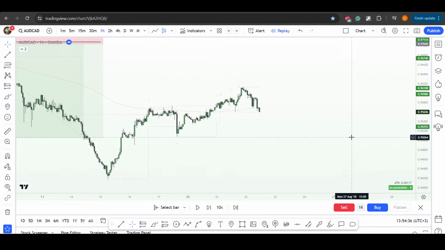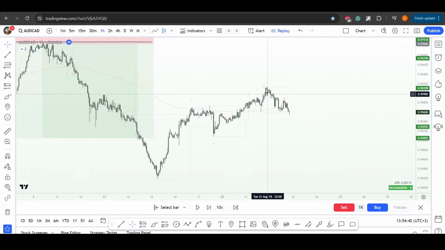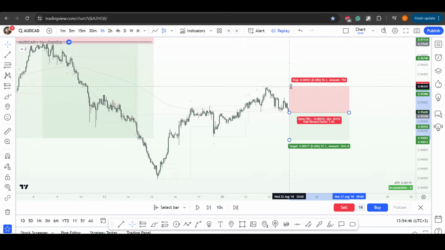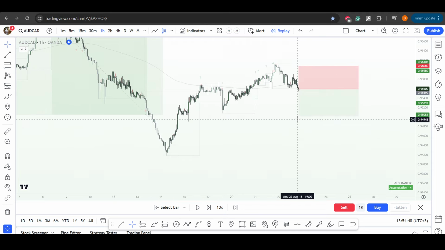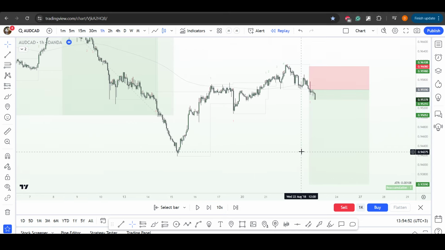Okay, and we have impulse, correction, and possible impulse to the downside. So let's just enter with the market, stop loss here, and this will be our target below the low.